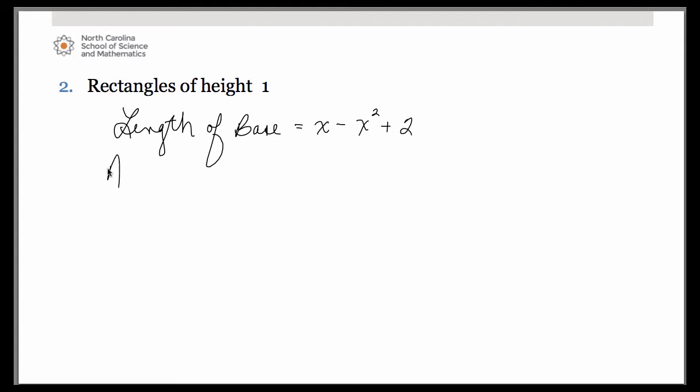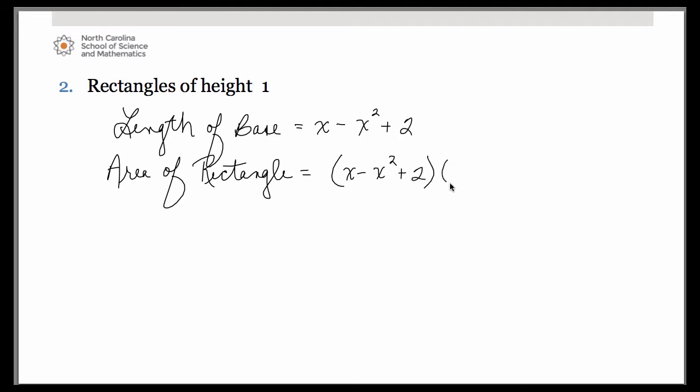But now we need the area of the rectangle. So obviously area of a rectangle is the base times the height. Well, our expression for the length of the base we just found, and our height is just simply 1 in this case.